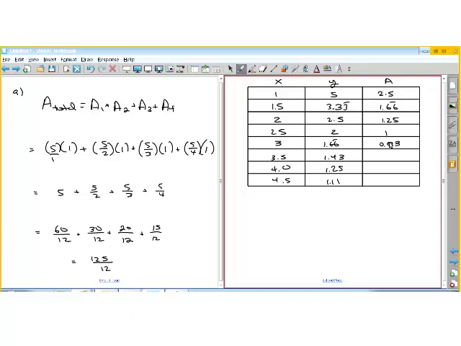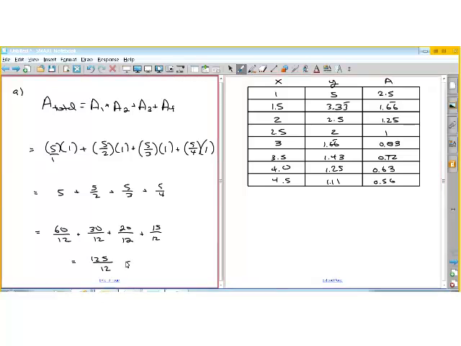Just going to carry out to 2 decimal points. 1.43 divided by 2 is 0.72. 1.25 divided by 2 is 0.63, and 1.11 divided by 2 is 0.56. So those are the areas of those 8 rectangles.